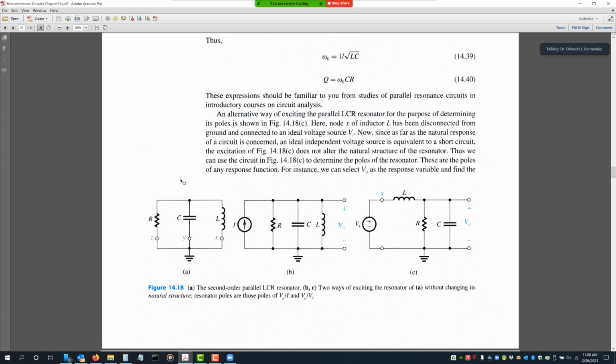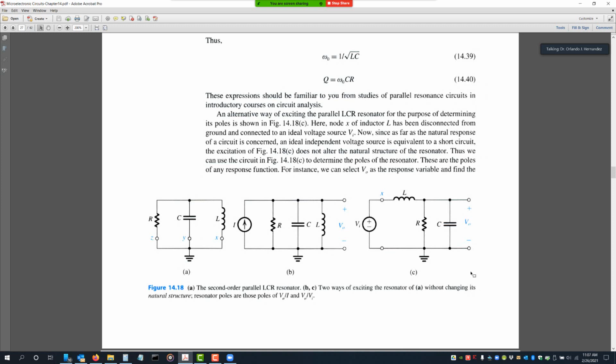So this is a second order resonator with a resistor, a capacitor, and an inductor, and we can drive it with a current source and take our output across the parallel combination, or we can drive it with a voltage source between our reference and the inductor and take our output across the parallel combination of the resistor and capacitor.